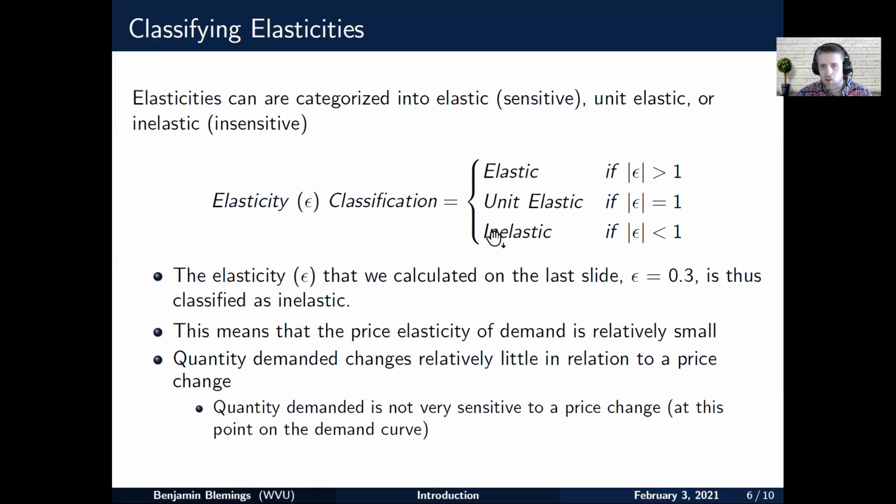If the absolute value of elasticity is less than 1, then it's inelastic. Note that this could be anywhere above -1 and below 1. The elasticity that we calculated is classified as inelastic because the absolute value of it is 0.3.